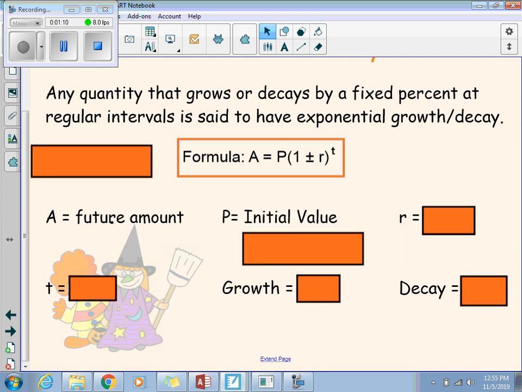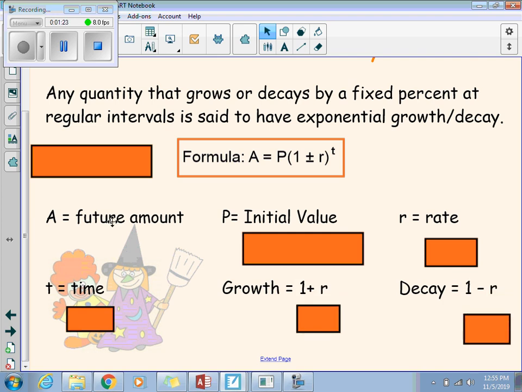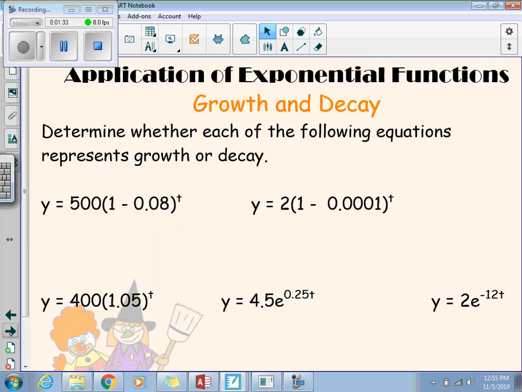P is going to be your initial value. R is the rate. T is the time. If it is a growth, we're going to use the plus rather than the minus. And if it's a decay, we're going to be using a minus there for our rate. These formulas will be given to you, so don't feel like you need to memorize them.